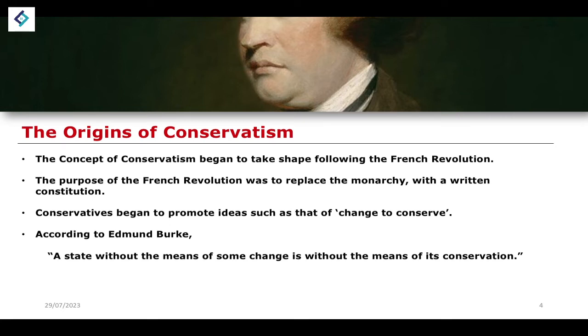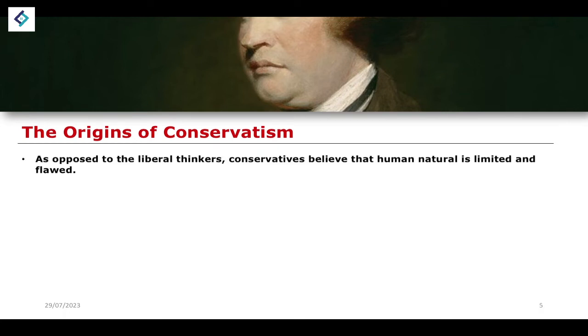So what Edmund Burke is talking about is that the idea of conserving traditional concepts of institutions, of political, economic and social ideas, inherently requires the ability for a state to have some kind of means of change. This is where we get the idea of changing to conserve.